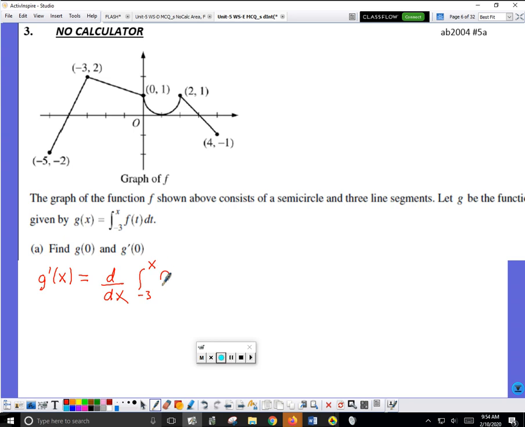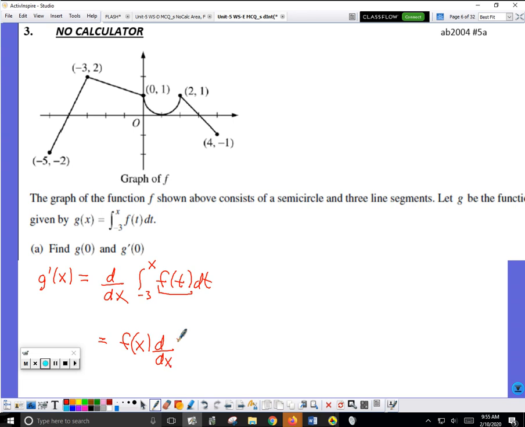I use my green sheet. Green sheet says, take this, plug in the upper limit, multiplied by d over dx of the upper limit. Subtract the same thing for the lower limit.